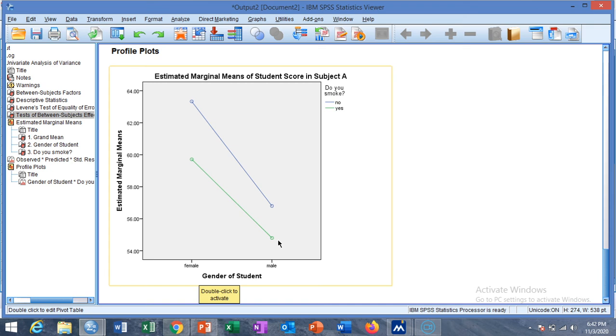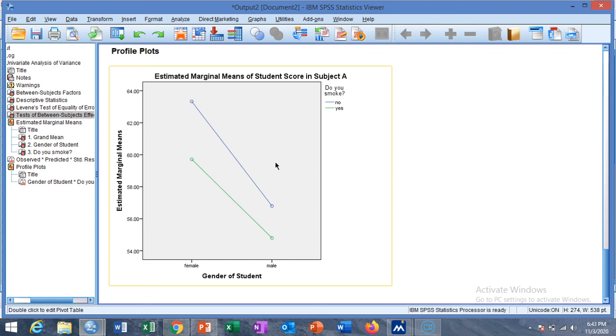If the two lines were intersecting each other, then we might conclude that there is a significant interaction effect, and we can also see the interaction effect from the ANOVA, which was insignificant.